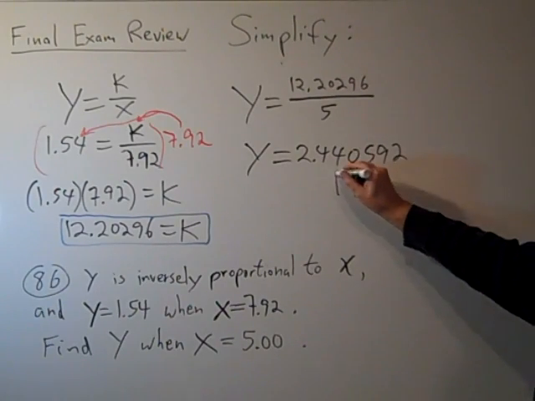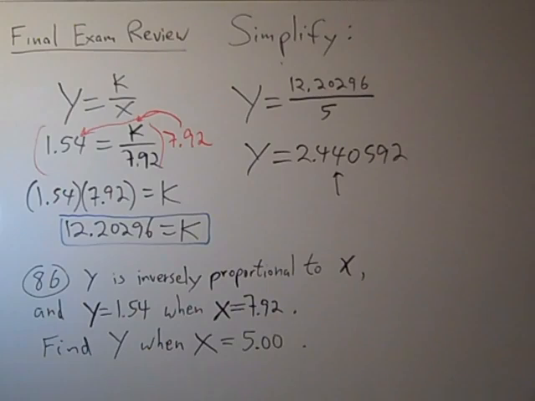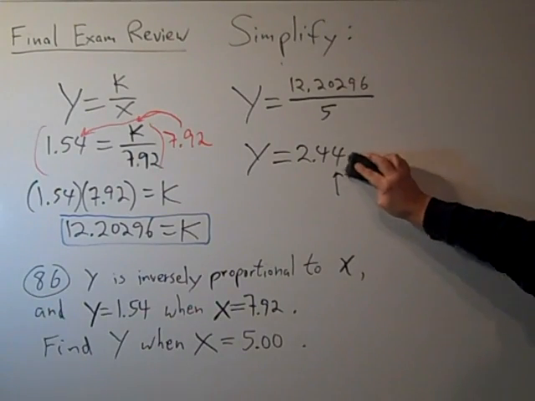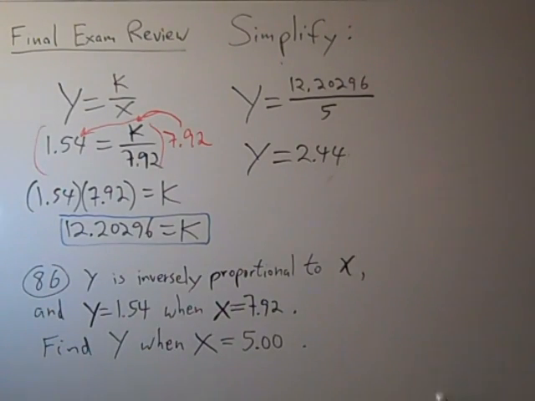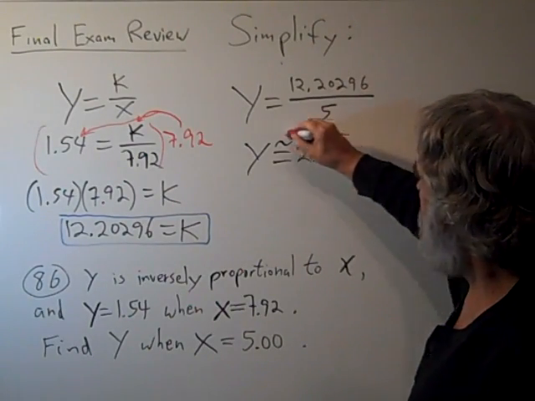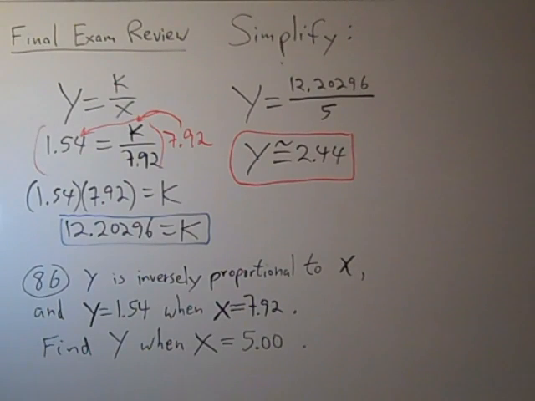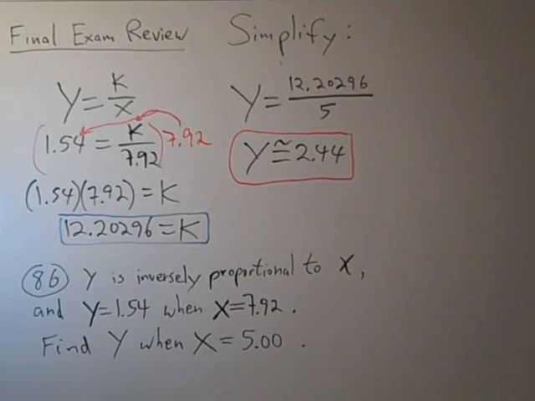If we round off to the nearest hundredth, we just truncate this number, and we end up with y approximately equal to 2.44. When x is 5, y is approximately 2.44 in this inverse proportion relation.